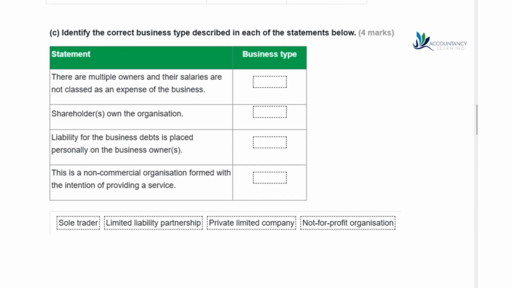Part C then, identify the correct business type described in each of the statements below. There are multiple owners and their salaries are not classed as an expense of the business. So if there are multiple owners and the salaries are not classed as an expense, it will be a limited liability partnership.